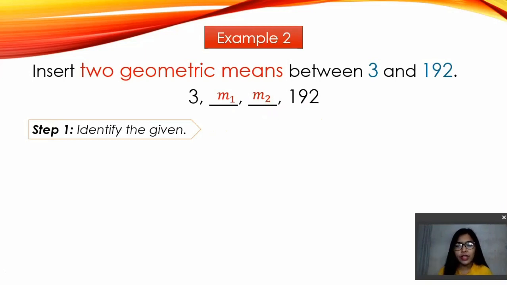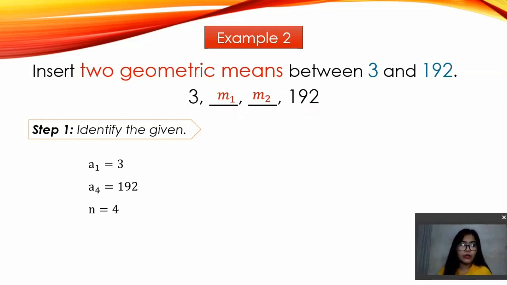So, what are the given in this sequence? Of course, we have 3, which is the first term, or a sub 1. And then 192, which is the fourth term. So, that is a sub 4, kasi 1, 2, 3, 4. So, pang-apat siya. And then, the number of terms, n, is equal to 4.